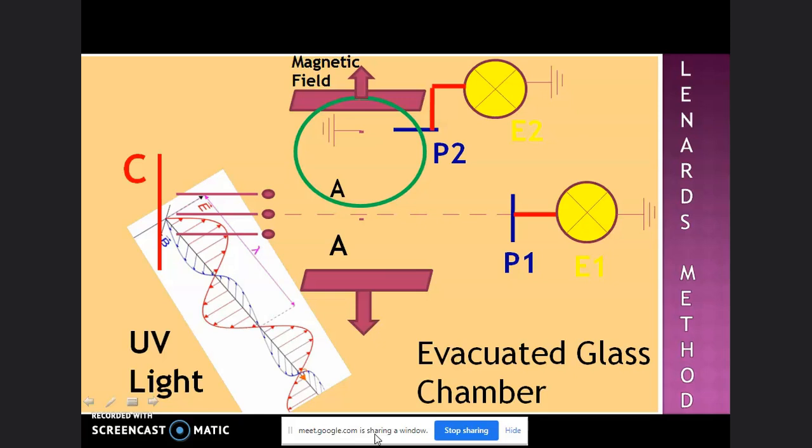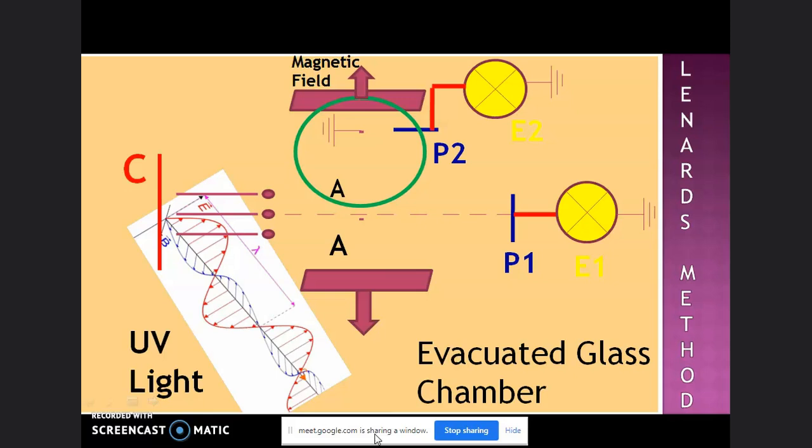That means the total air inside that glass chamber is evacuated. No air particles are present inside the glass. So the UV light is passed through that glass material. The outer border, whatever you observed on the screen, is contained inside the glass chamber.